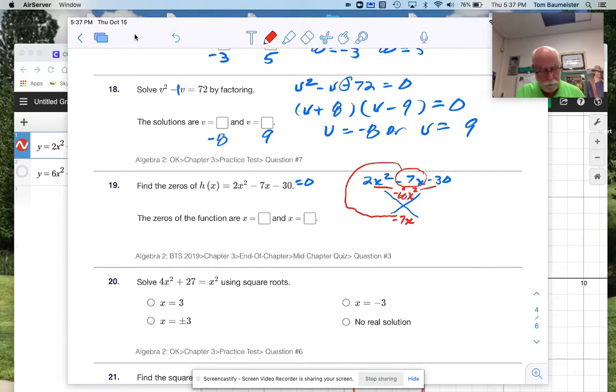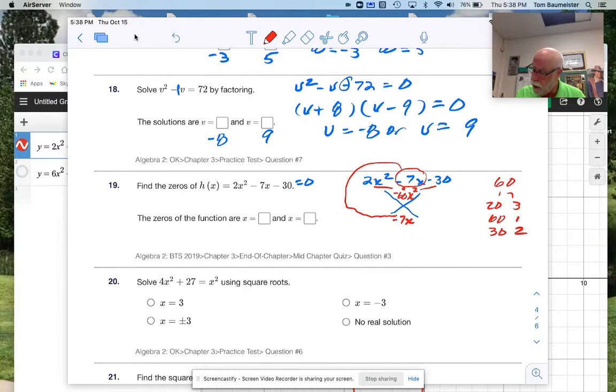All right? So what times what equals 60? So just think that off to the side there. What times what equals 60? Well, let's see, 20 times 3, right? Let's see what else. 60 times 1, 30 times 2. None of those, even when I try to add them, sound like they're even going to be close.